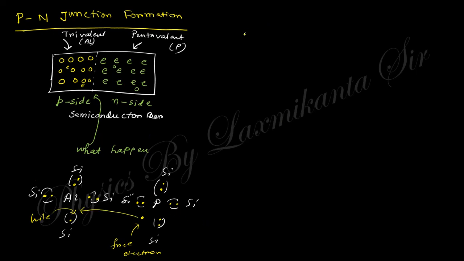So what happens at the junction? Electron-hole recombination happens. The electrons from the n side go to the p side and trap the holes.